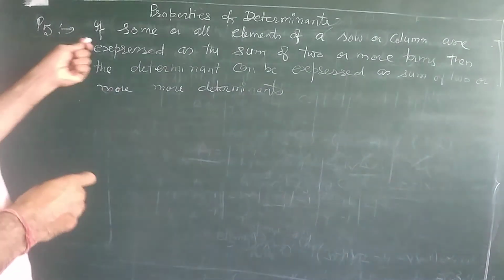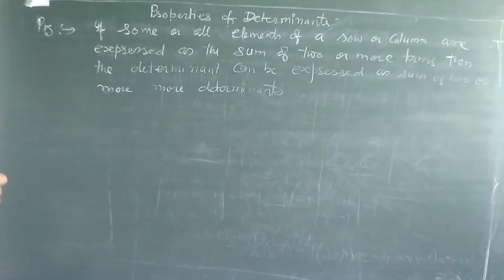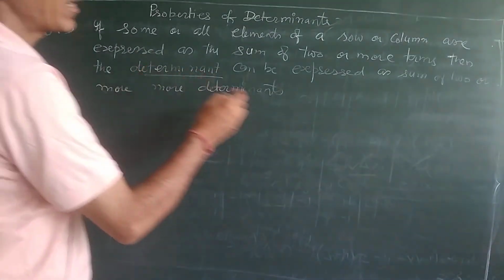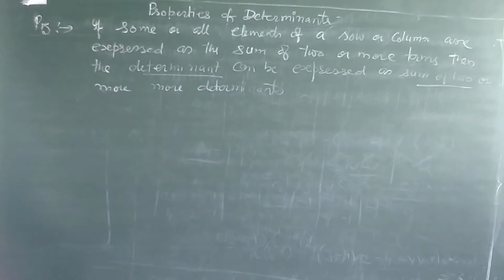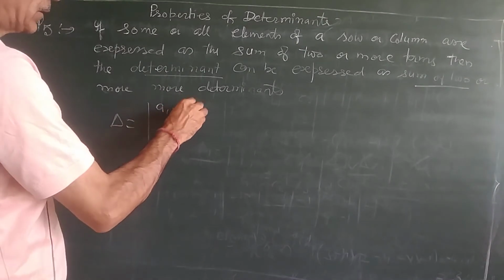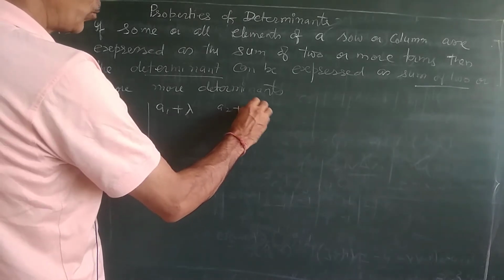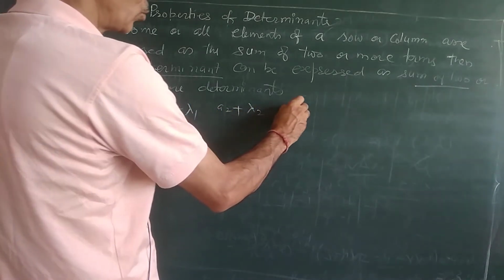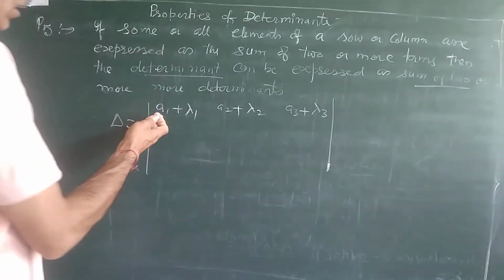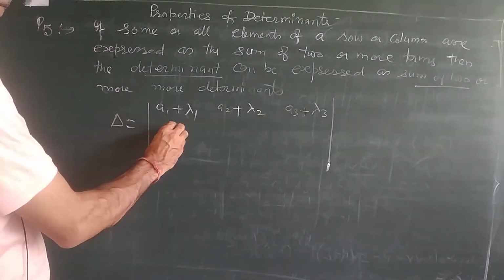More determinants means, if some or all the elements of a row or column are expressed as the sum of two or more terms, then the determinant can be expressed as a sum of two or more determinants. For example, see here, suppose a1 plus lambda 1, a2 plus lambda 2, a3 plus lambda 3 are the first row elements, expressed as a sum of two terms.